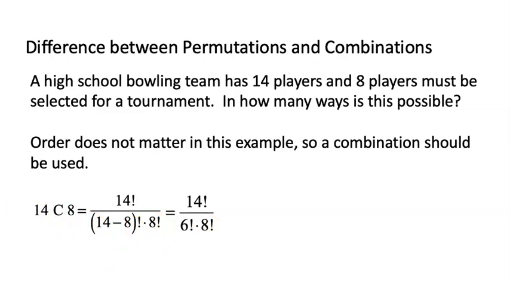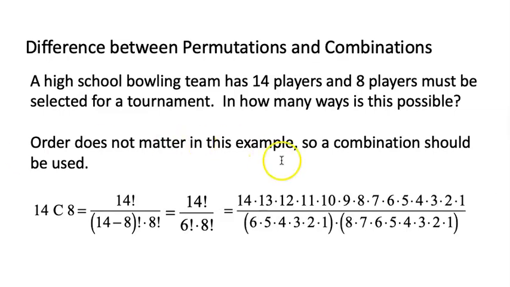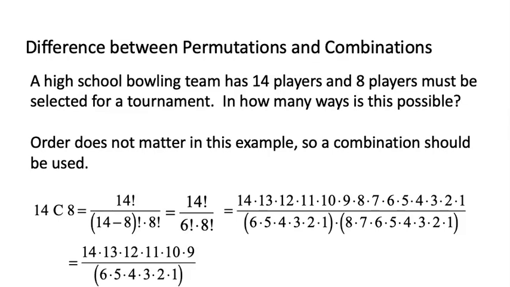So I get 14 factorial divided by 6 factorial times 8 factorial. Let's list all that out. 14 factorial, 14 all the way down to 1, over 6 factorial, 8 factorial. You notice the 8 factorial divides out. 8, 7, 6, 5, 4, 3, 2, 1 would divide out. So now we get 14, 13, 12, 11, 10, 9, over 6, 5, 4, 3, 2, 1.